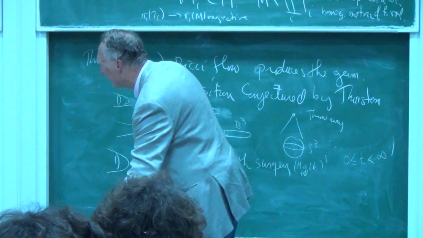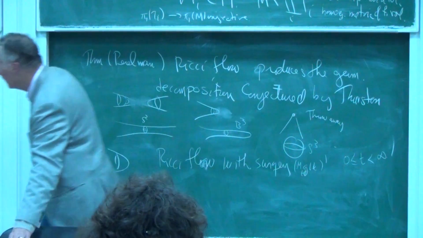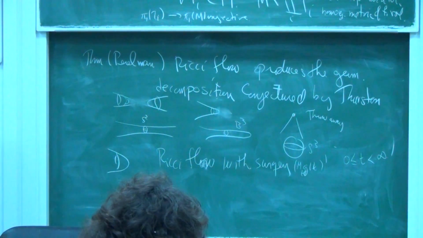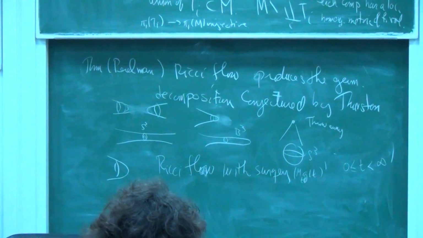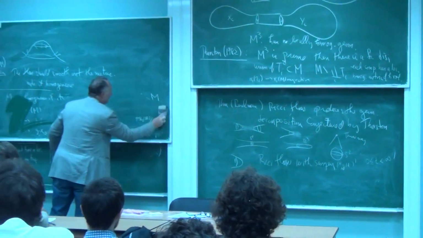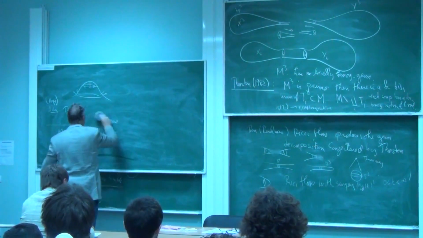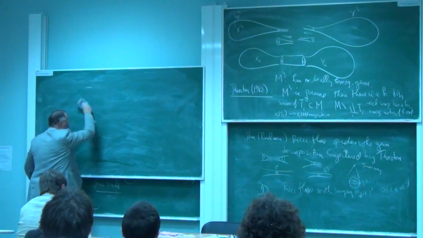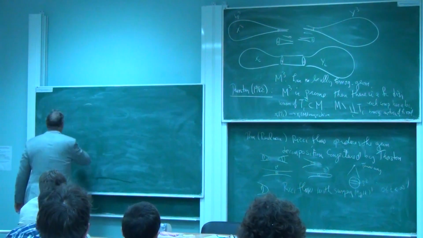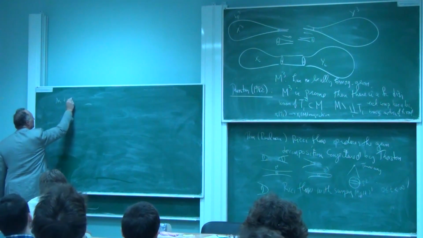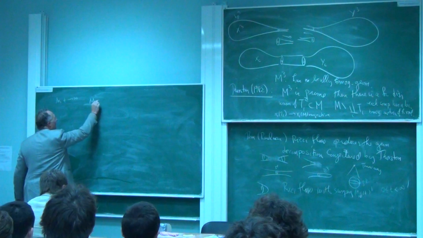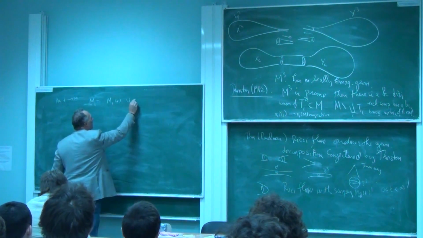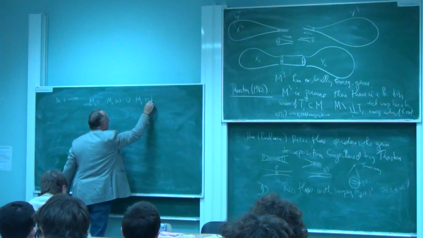By the time we get to infinity, the manifold splits into 2 pieces. The part of the manifold where the volume is not collapsing, and the part of the manifold where the volume is collapsing. So, as t goes to infinity, in this Ricci flow with surgery, we write the manifold as the union of a plus part and a minus part along 2 tori.